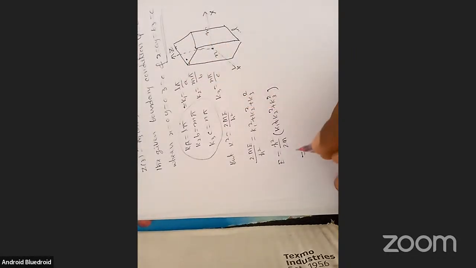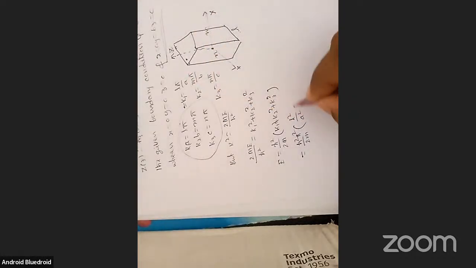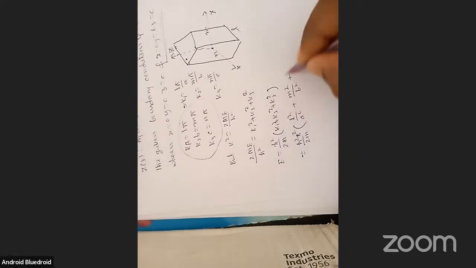So h cot square by 2m, here pi square into L square by A square plus M square by B square plus N square by C square.